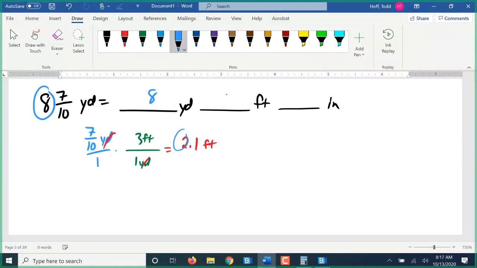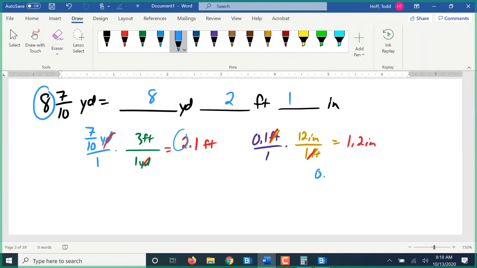I take the 2 off of that. Take my 0.1 feet. That in inches. 1 foot is 12 inches. 0.1 times 12 inches is going to give us 1.2 inches. That's going to be 1 whole inch.